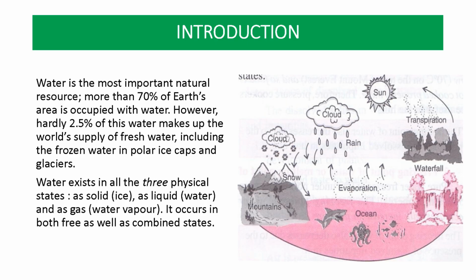So there is a diagram of the water cycle. All of you have studied the water cycle in your previous classes. So there is a process of evaporation. What is evaporation? Evaporation is the conversion of liquid state into vapor. When water converts from liquid to vapor, it's called evaporation.